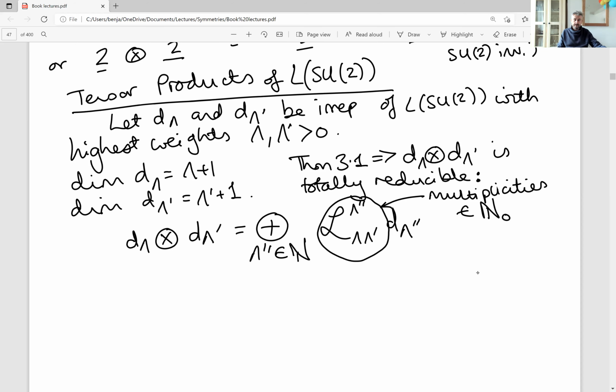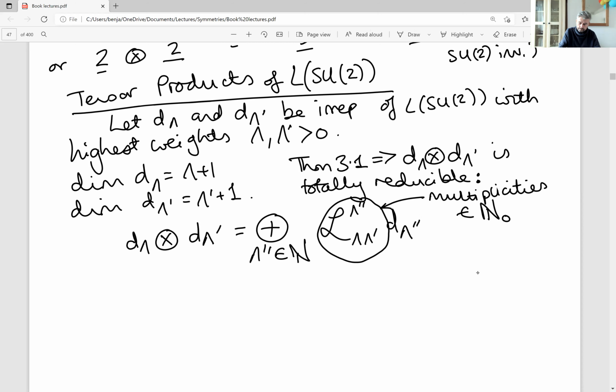These multiplicities are in the natural numbers, including the number 0. So for the individual eigenspaces of d lambda and d lambda prime, we want to specify what they are.